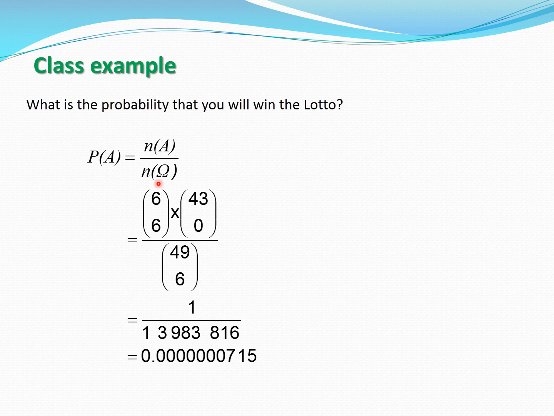Your combination for choosing the winning balls will be 6 combination 6, and your combination for choosing the incorrect balls will be 43 combination 0. So your chance of winning the lotto will be almost 1 in 14 million.